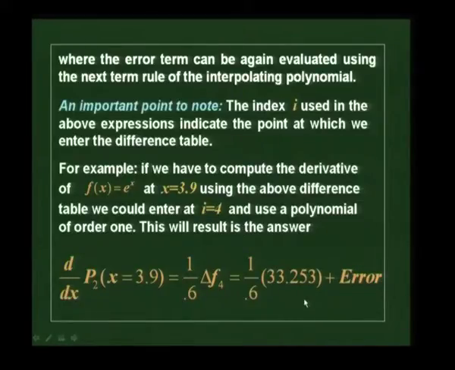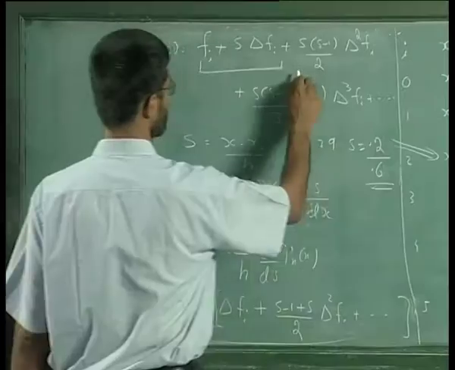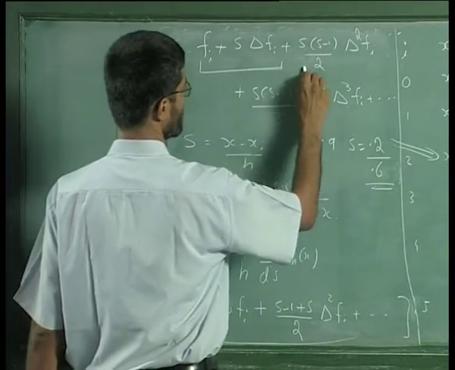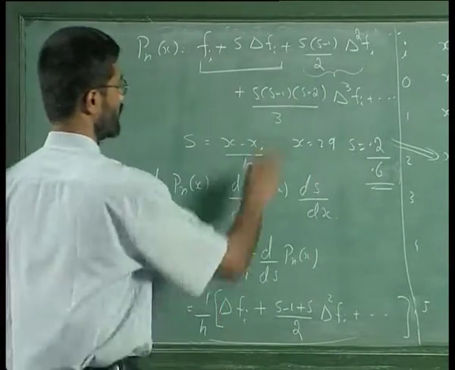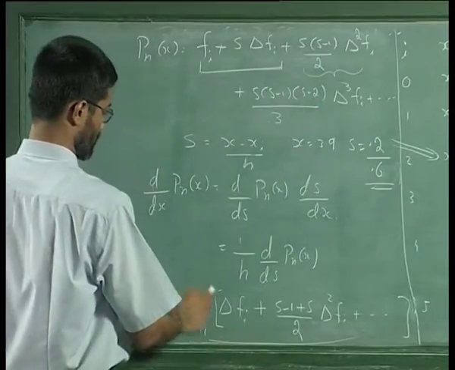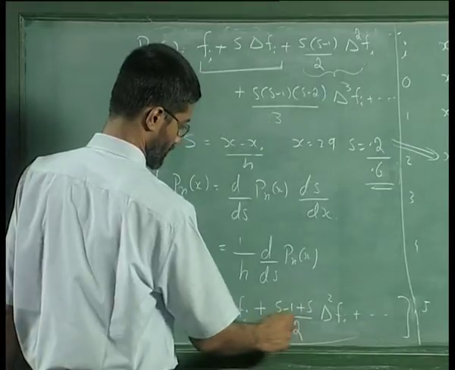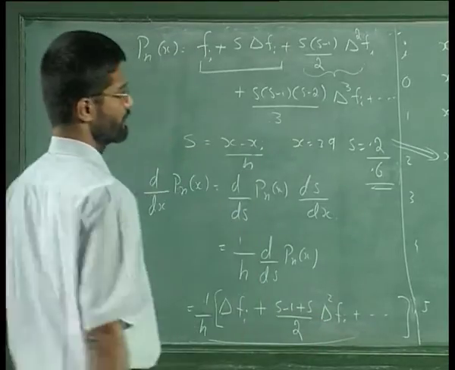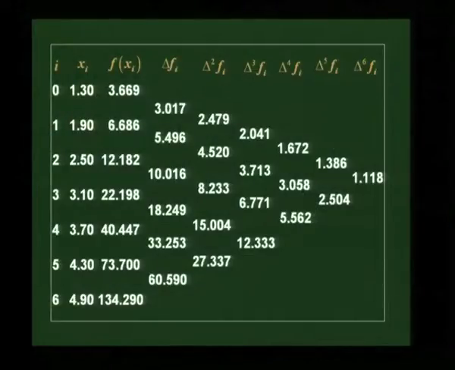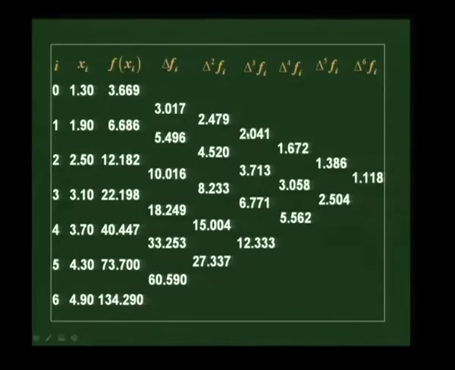I said the next term in the polynomial is this one. So far we have taken only the first terms; the next term would be that term. The derivative of that with respect to x is 1 over h times s minus 1 plus s, or 2s minus 1 by 2, into del 2f4. And we know what del 2f4 is, starting from 4. Del 2 is 27.337.